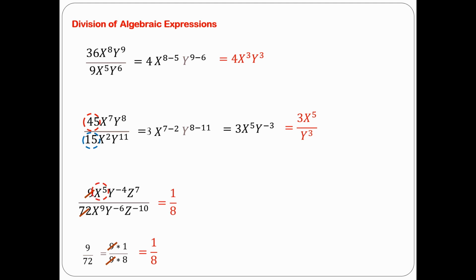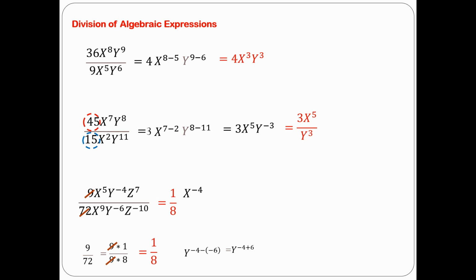Next, we could divide x to the 5th power by x to the 9th power, and this will give you x to the negative 4 power. Now, y raised to negative 4 power divided by y raised to the negative 6 power can be written as y to the negative 4 minus open parenthesis negative 6.